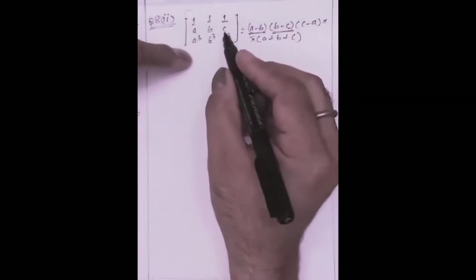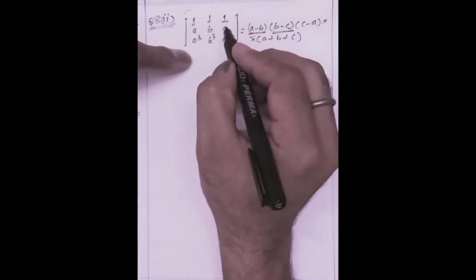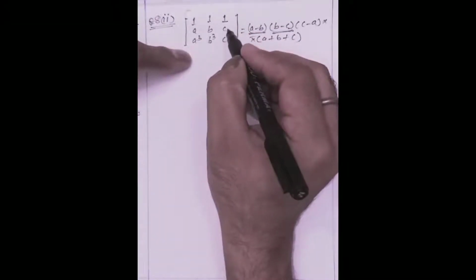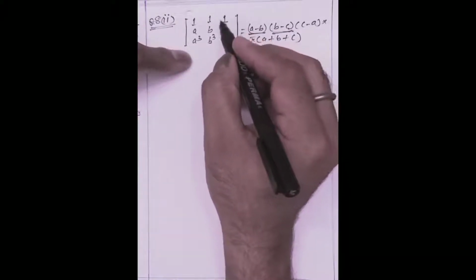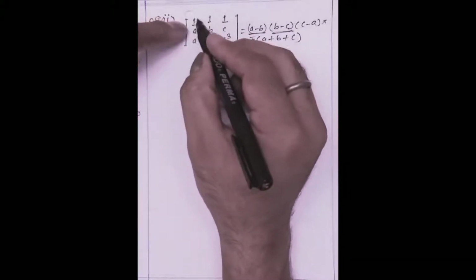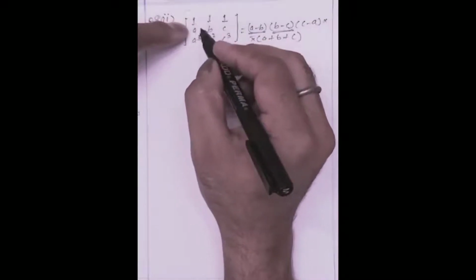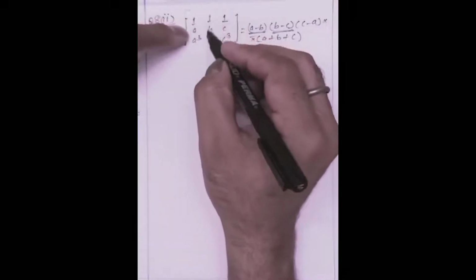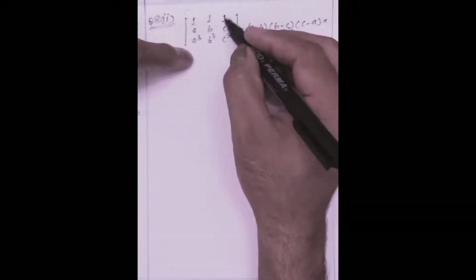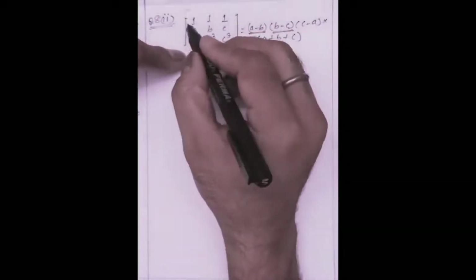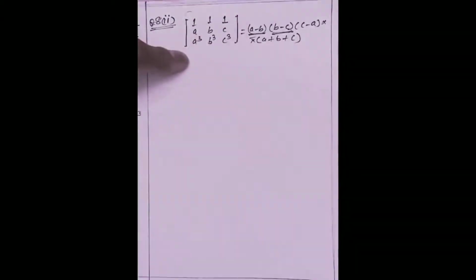Now the most important thing: you cannot give another operation which is C3 will change to C3 minus C1. Otherwise what will happen? Already you got 0 at this C1 first point, 0 at this C2 first point, and if you are getting 0 at the third point also, then there is a condition.